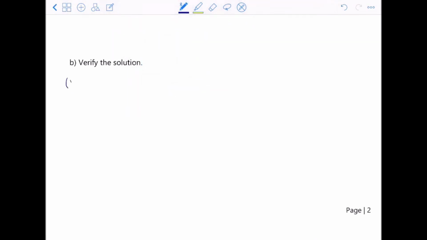So we had a point of intersection, x and y. This turned out to be 3 and -4 from the previous part. That's how we solved it graphically. So we're going to now go back and plug it into the equations to see if it's actually valid. So the first equation was y equal to -2x plus 2.